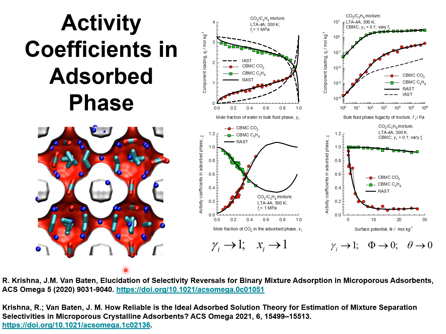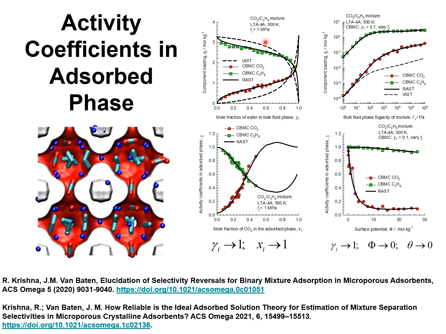In order to do that, we carried out configurational-bias Monte Carlo simulations of mixture adsorption of CO2 and propane in LTA-4A zeolite. The CBMC simulations are described in my papers listed here. We carried out two types of simulations.